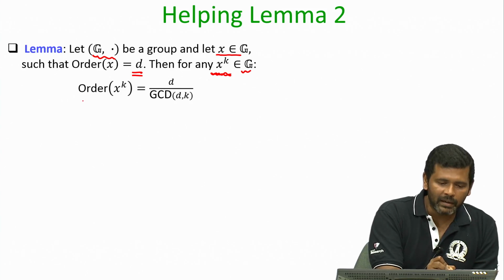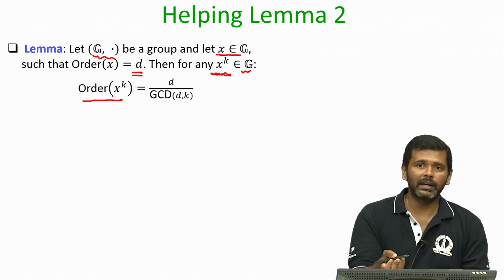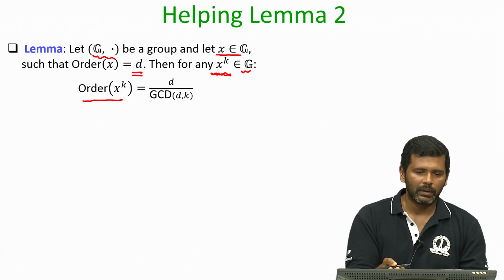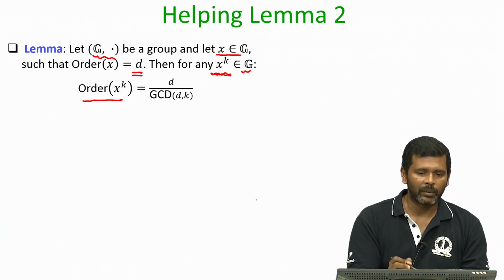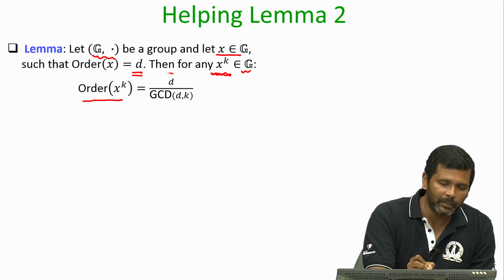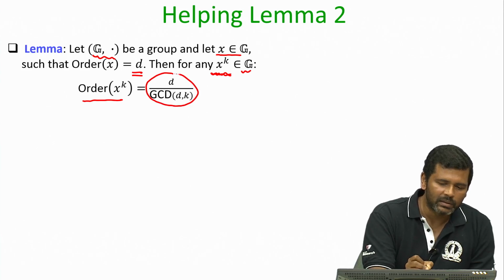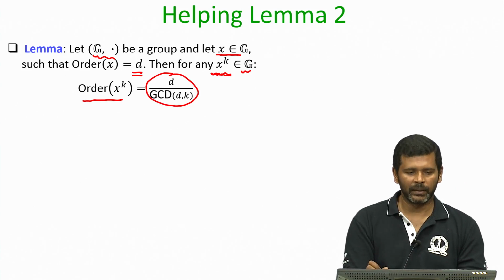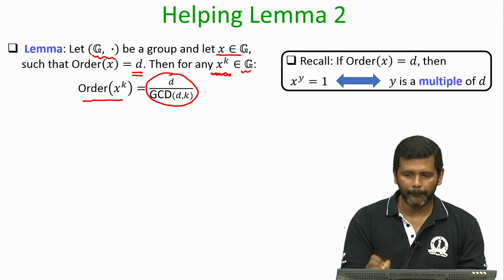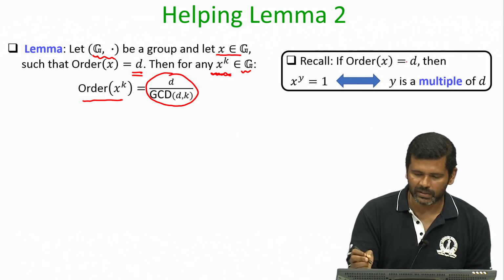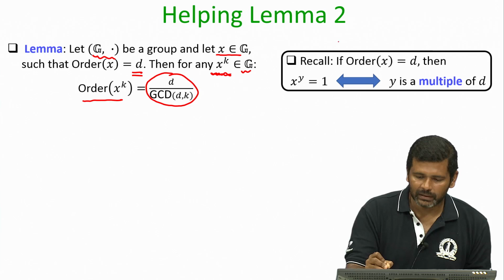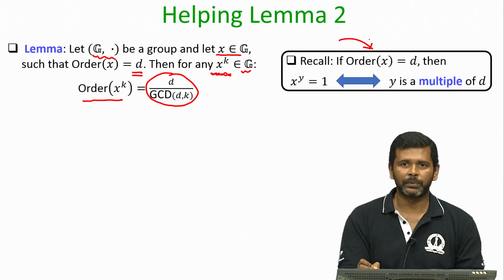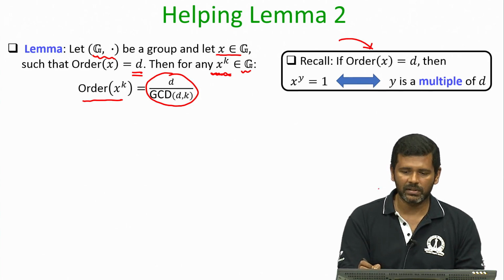Now, my claim here is that since x power k is an element of the group and it will have some order, its order will be d over GCD of d and k. Okay. So, to prove this statement, I will take the help of some property from abstract group theory which we had discussed earlier.